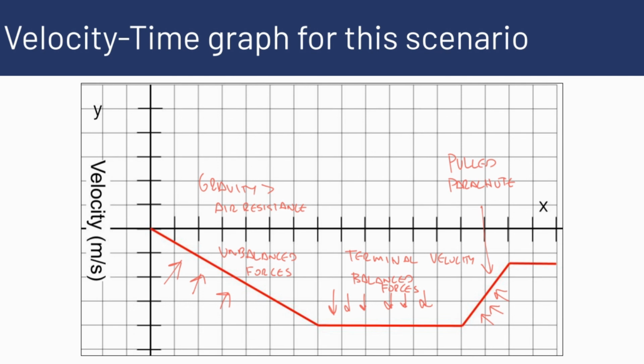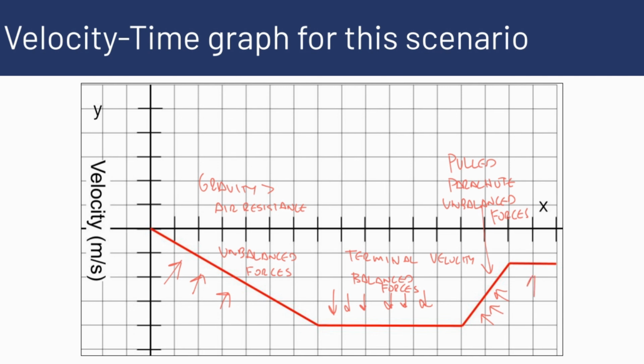So these are unbalanced forces. They slow down under unbalanced forces. Here, the air resistance is much greater than gravity. So air resistance is greater than gravity, and they are slowing down. The parachuter is slowing down under the force of air resistance.